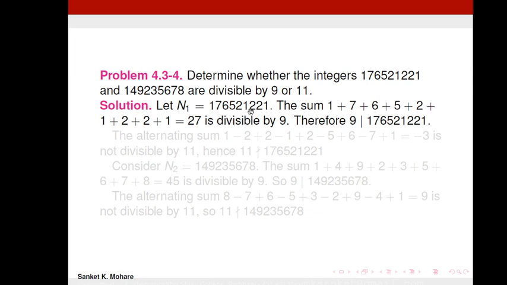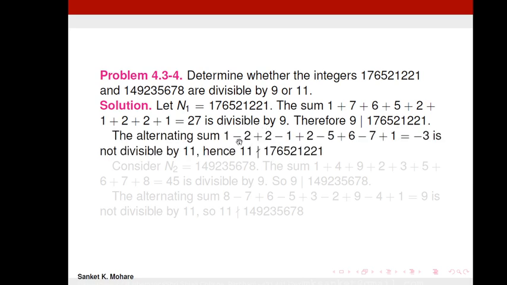The sum of its digits is 1 + 7 + 6 + 5 + 2 + 1 + 2 + 2 + 1, which is equal to 27, and this sum is divisible by 9. So again, by that theorem, 9 divides the given integer.